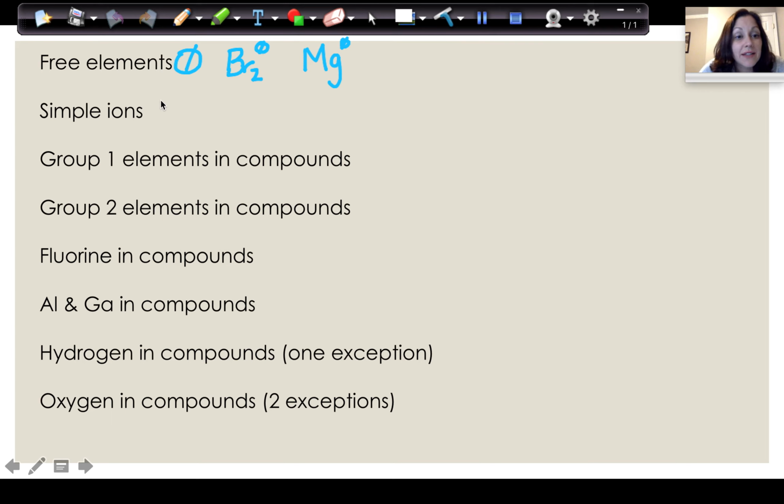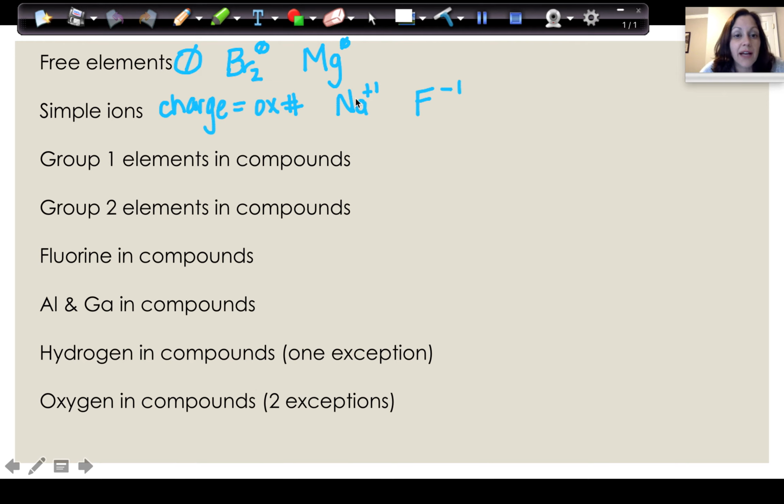Simple ions are going to have their oxidation number given as the charge. For example, if you have Na+, that would mean that +1 is the oxidation number. Or if you had F-, that would mean that -1 is the oxidation number.